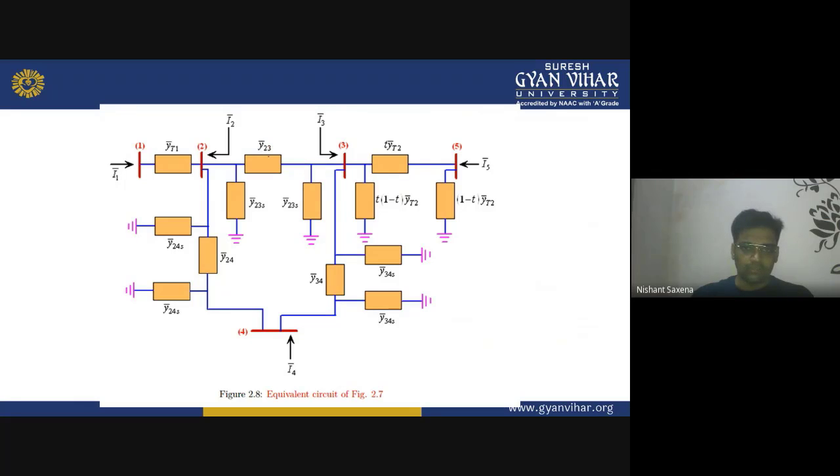This is Y23 with the shunt, and this is the series admittance. These are your shunt admittances of the pi model. Similarly, this is your Y24, this is your Y34. This is your transformer T2, and this is your transformer T1.